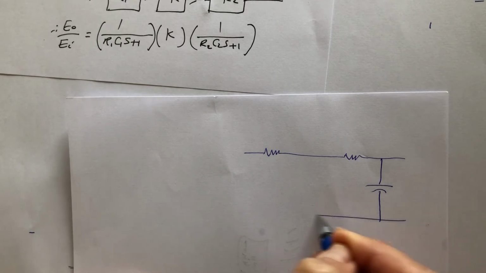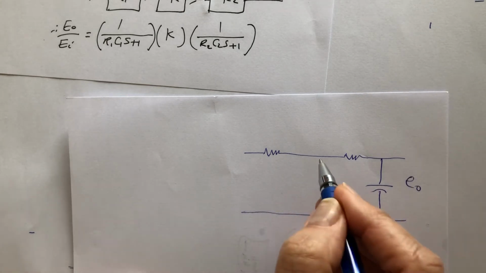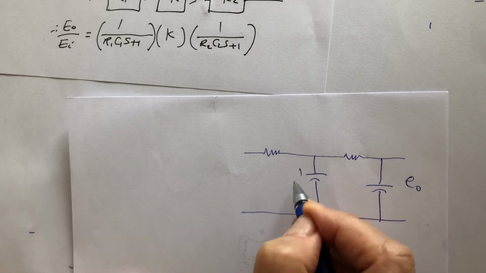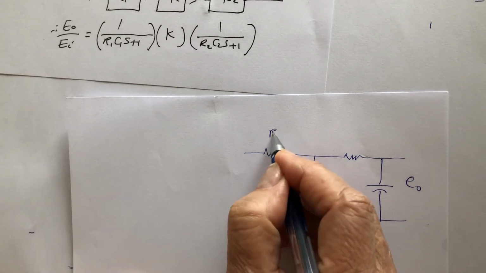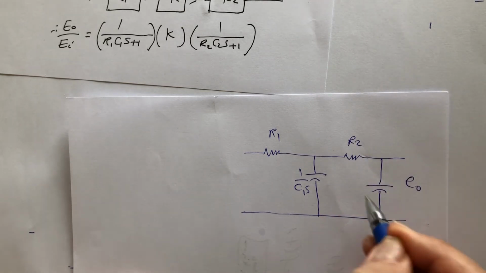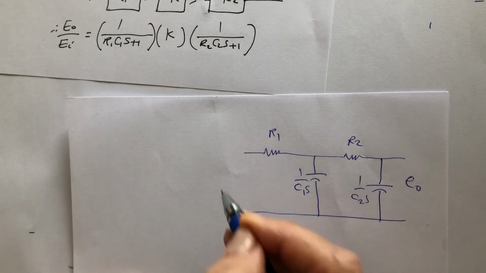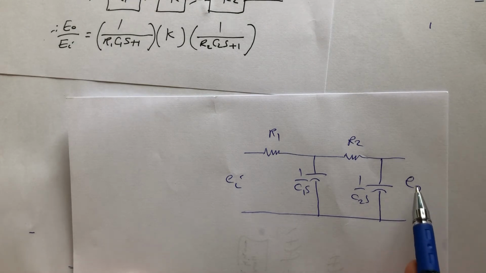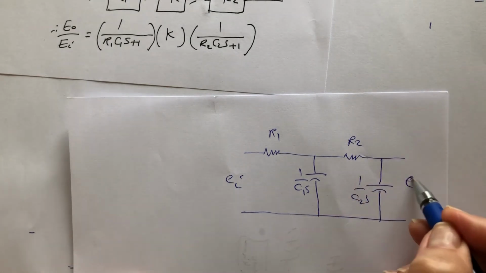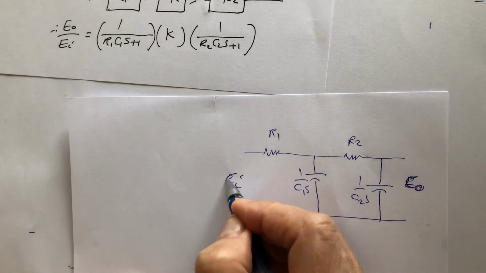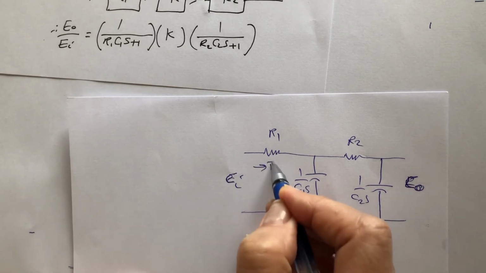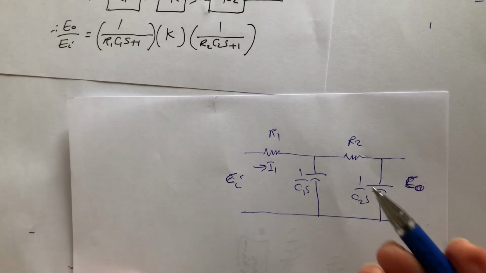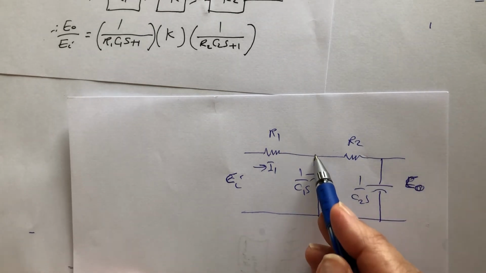This is E out, this is 1 over C1S, this is R1, this is R2, this is 1 over C2S, and this is E in. If I want to calculate the output in Laplace, this will be E out, this will be E in in Laplace, this will be I1, whatever. So you have to apply either meshes or node analysis.